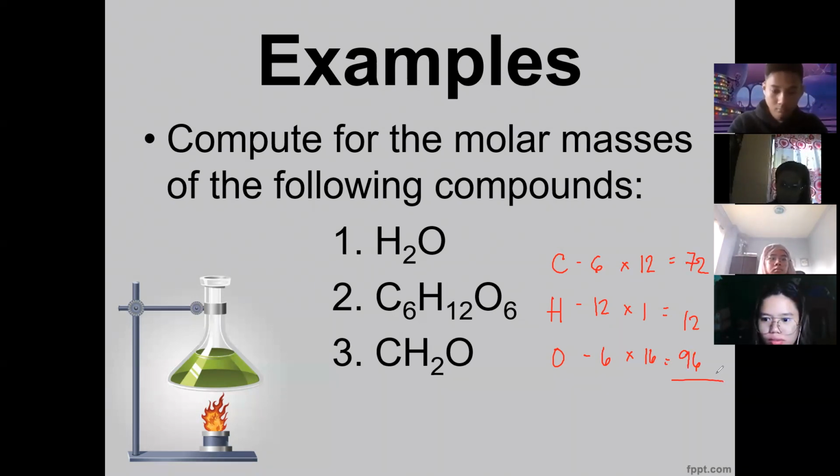Let's add everything. 96 plus 12 plus 72 is 180 grams per mole. Okay, so this one is the correct answer for the molar mass of C6H12O6. And then let's have the number 3, CH2O.